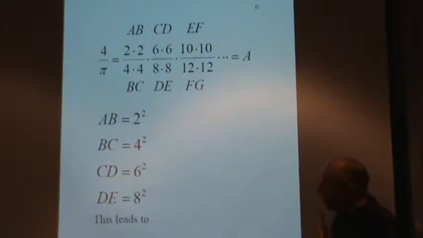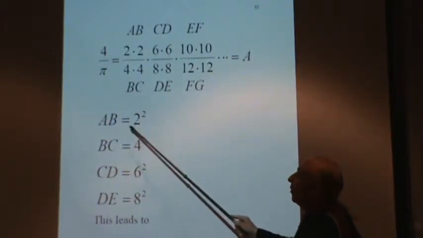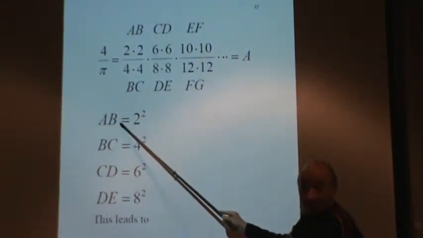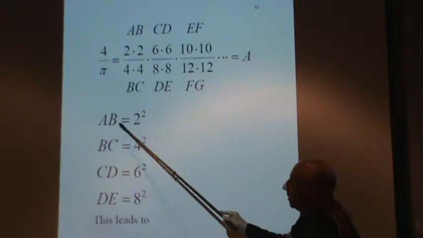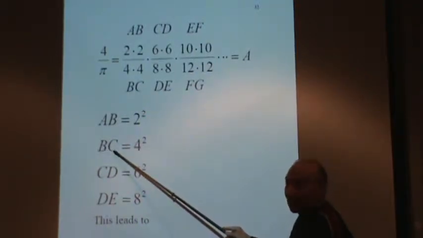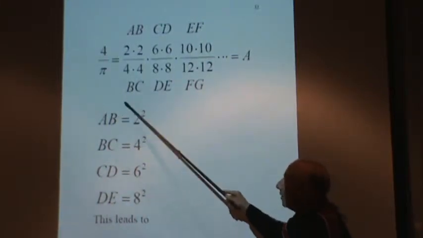Now, what does it mean to pick the right A? Take a minute and think about this. If you say AB equals 4, once you pick a number for A, you can calculate B. B is 9. Now that you know B, you can calculate C. And now that you know C, you can calculate D. So once you know A, you know everything else.